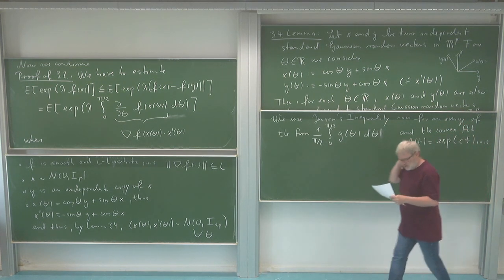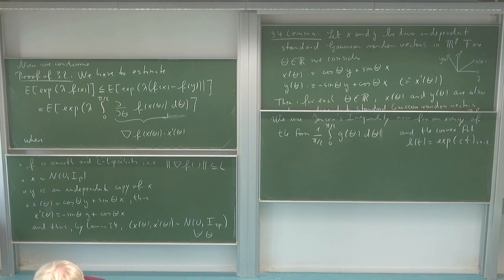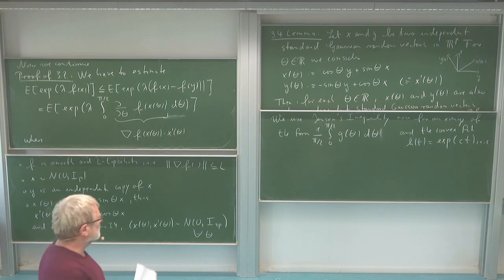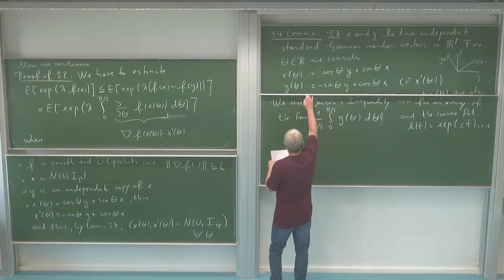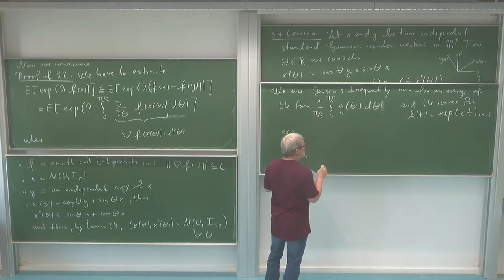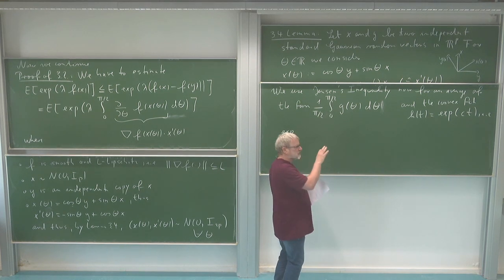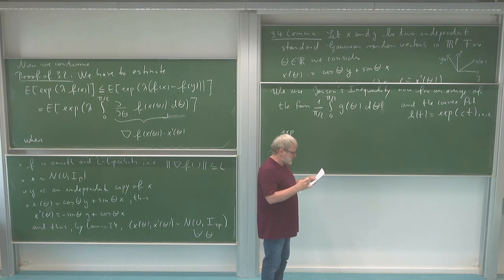Okay, so what I get from Jensen's inequality, let me write it down in this setting, is that the function of the average is less than the average of the function.